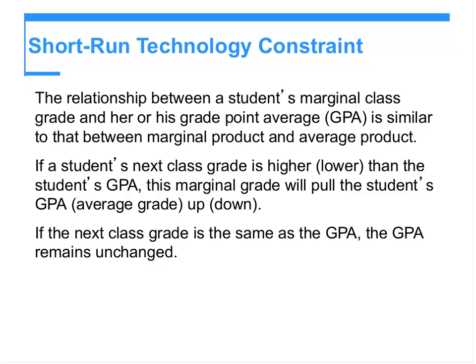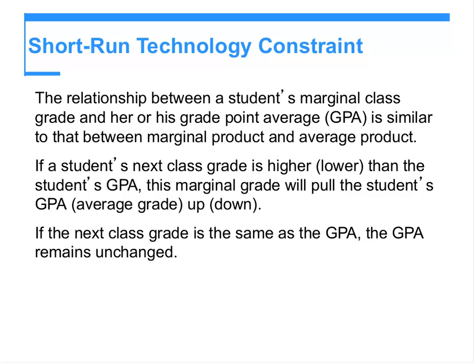Say if a student's next class grade is higher than the student's GPA, this marginal grade will pull the student's GPA average grade up. And if it's lower, it will decrease it, as you can see, down. So it's more or less the same concept.